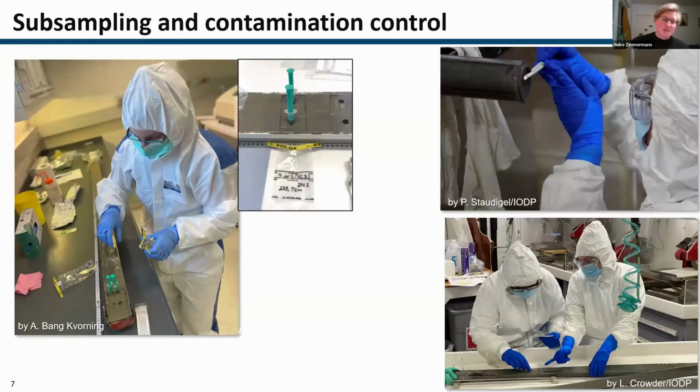So typically when we subsample sediment cores that have been taken up by gravity coring, we take the cores home, and then we split them open in a lab under controlled conditions and subsample them there. But on a drill ship such as IODP, this is not possible.